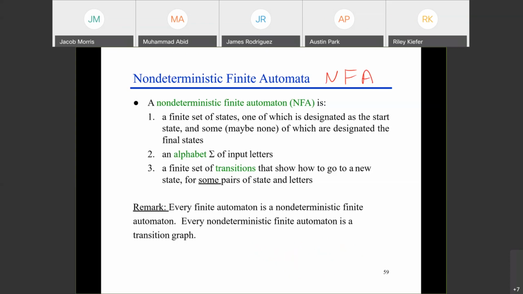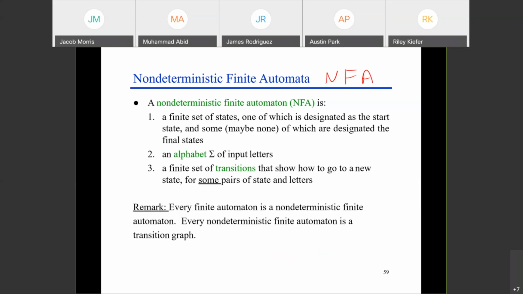So, what is the definition? Non-deterministic FA is something in between FA and TG. It has some properties inherited from FA, some from TG. It is not TG, it is not FA.